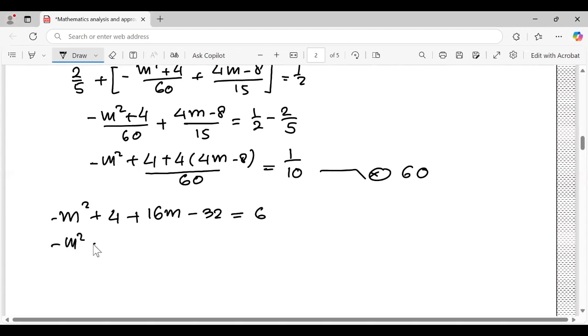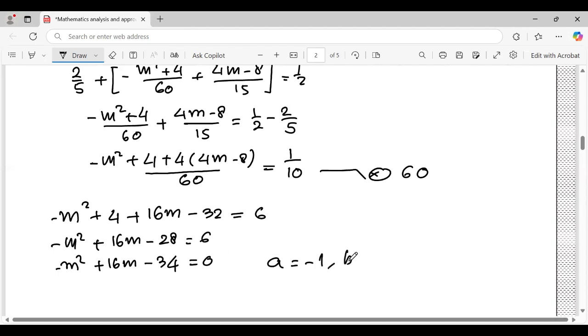Minus m squared plus 16m minus 28 equals 6, so minus m squared plus 16m minus 34 equals 0. So a equals minus 1, b equals 16, c equals minus 34.